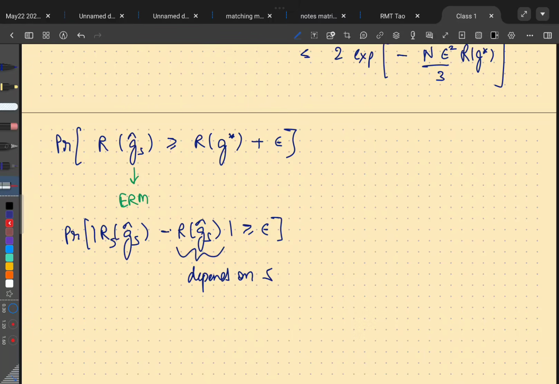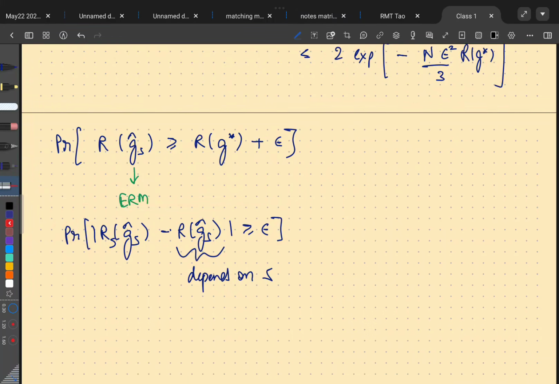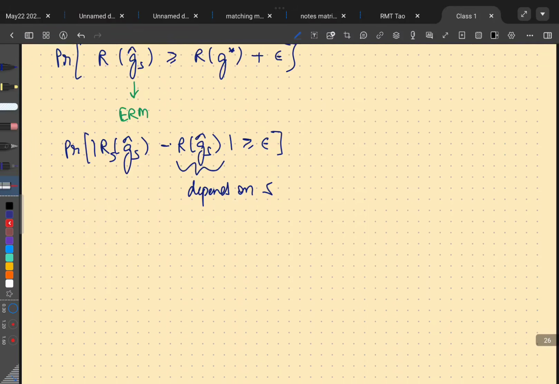So I can't use the Chernoff bound to just claim that this quantity is less than or equal to this particular quantity. But I can do something else. That's why we'll use a slightly different approach. It's not possible to derive a bound on this directly, but what I can do is the following.